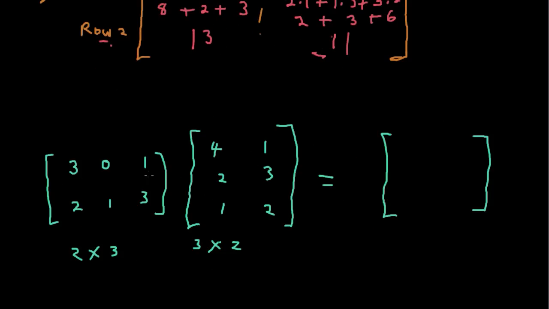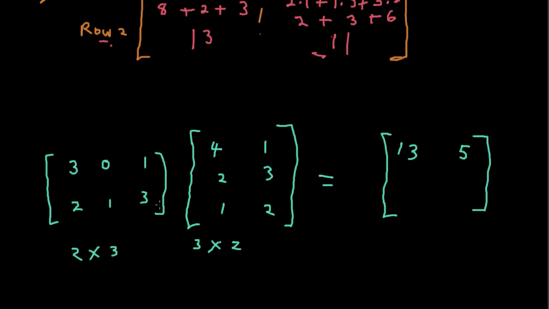Now in real life it looks more like this. We'd be multiplying the first row times the first column, and that would be 13 after we've added those all together. And then first row, second column, we would do that. We get a 5 there.